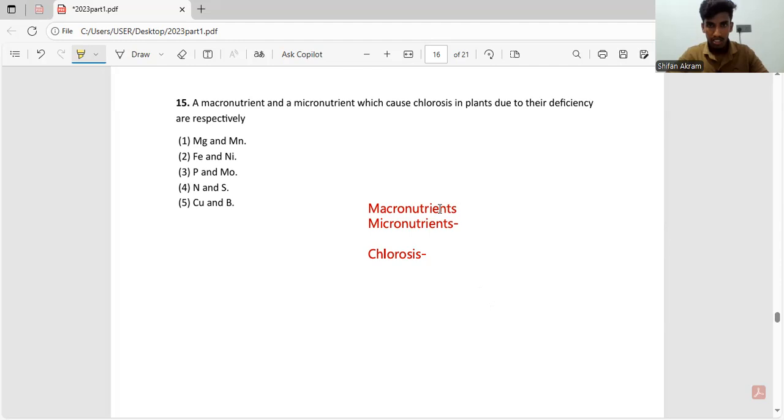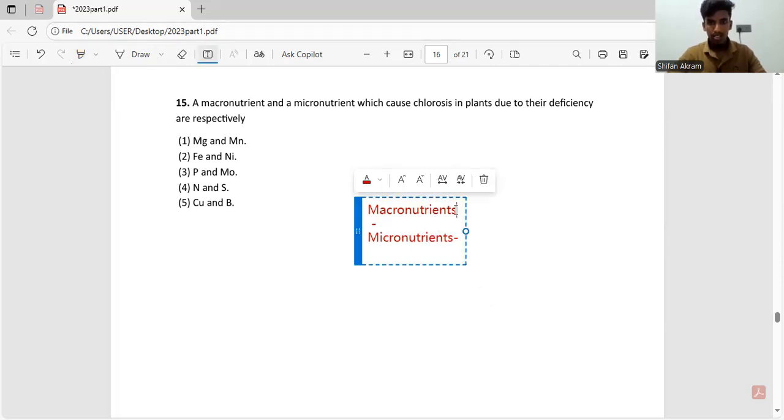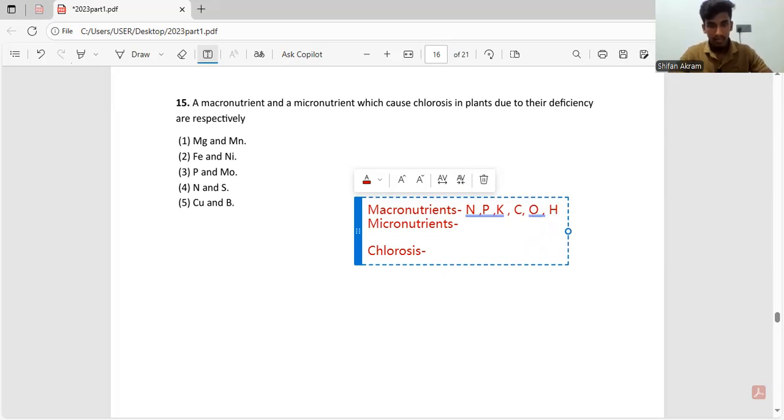So the macronutrients. The first three obvious macronutrients are NPK, which is nitrogen, phosphorus, and potassium. Then we have the organic macronutrients: carbon, oxygen, and hydrogen. Then we have magnesium, sulfur, and calcium, right?